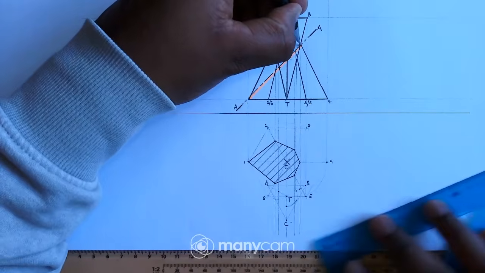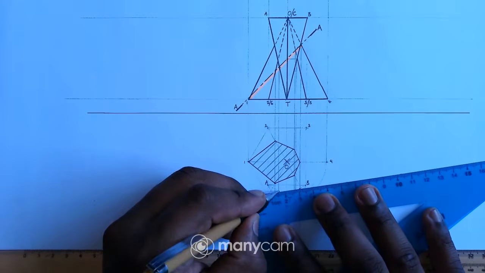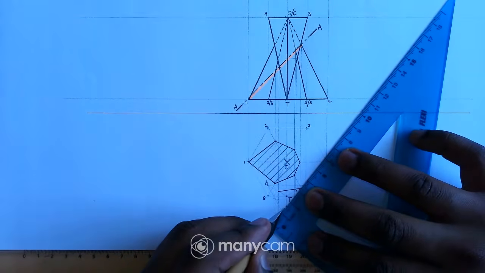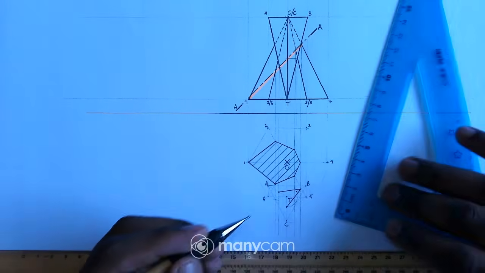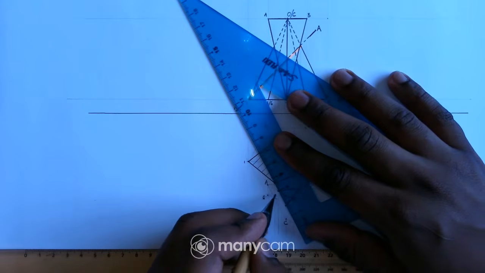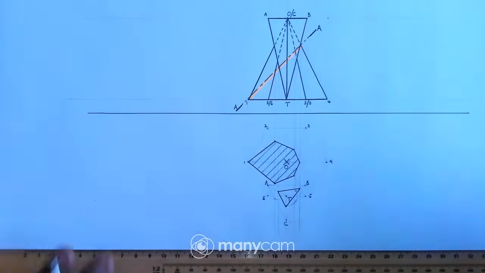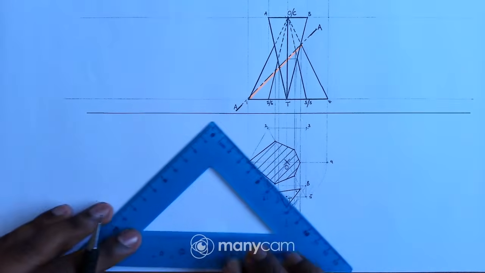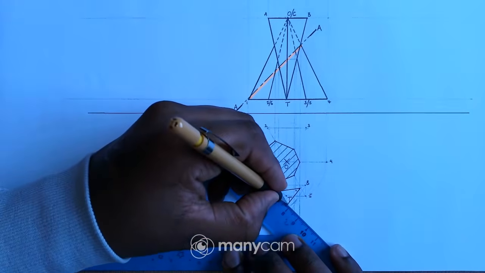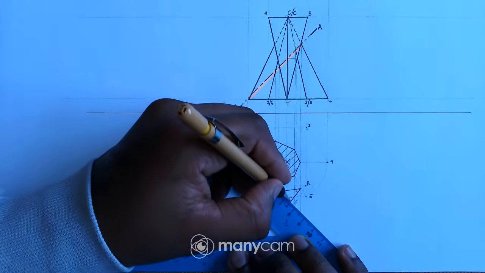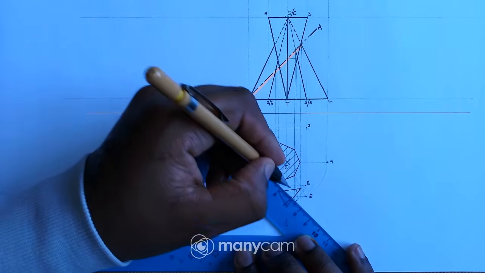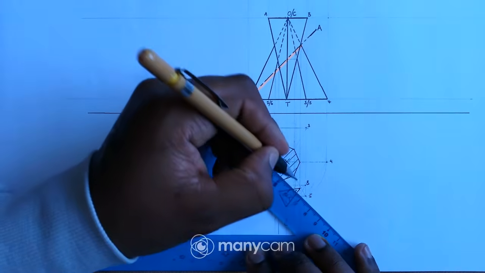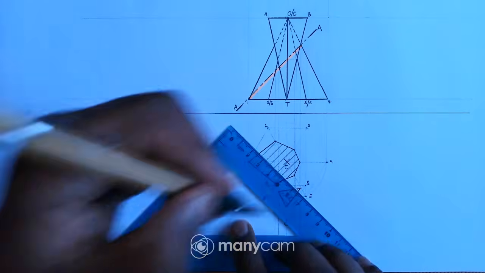So obviously I have to connect the points there, and then now I have to hatch that surface. Just like that.